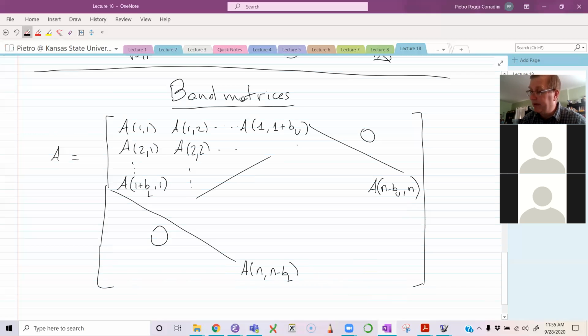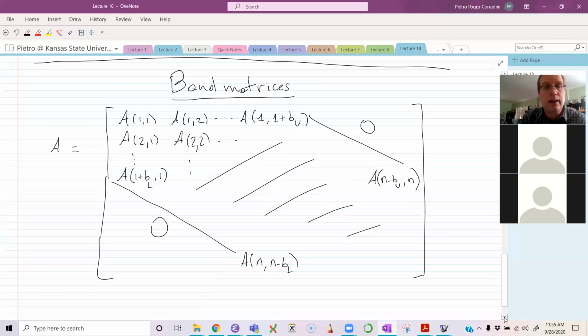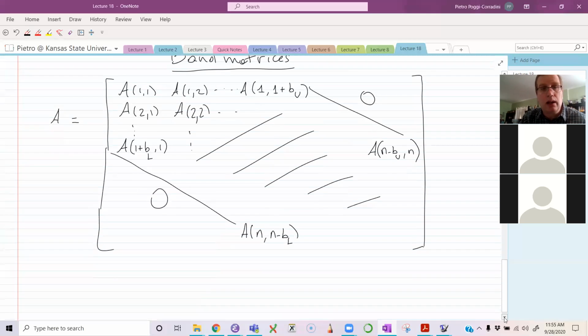Okay, does that make sense? That's a band matrix, and BU and BL. So BL is the lower bandwidth, and BU is the upper bandwidth.